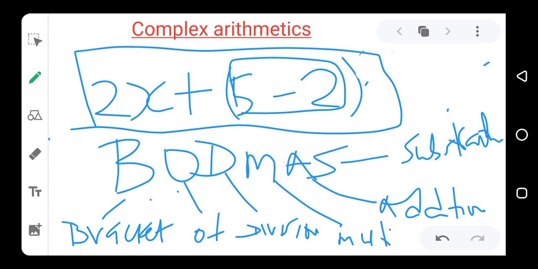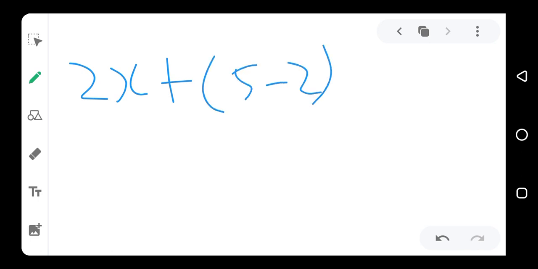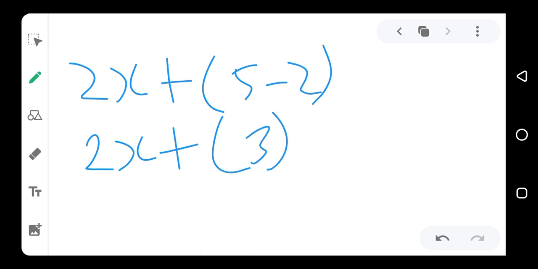We have 2x plus, and we start with the bracket: 5 minus 2 is 3. You see that we left the 2x alone.